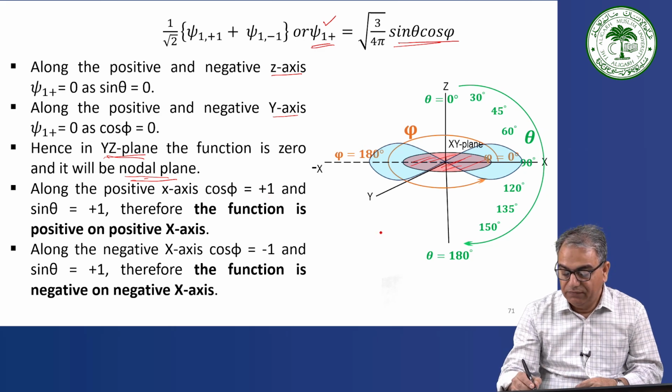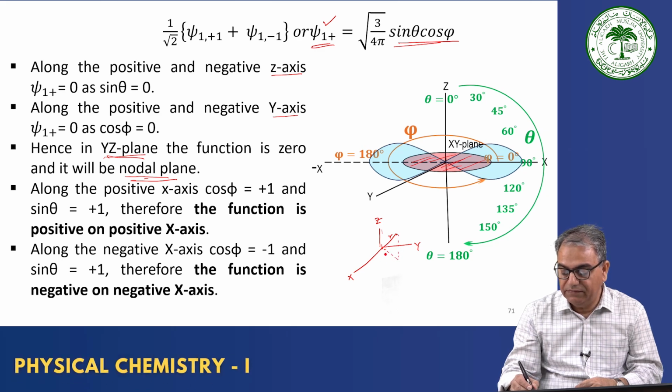If you remember your original diagram, this was your x-axis, this was your y-axis, this was your z-axis, and this was your r. If you draw a perpendicular in the xy plane and combine it with this one, this angle is called the phi angle. Along the positive x-axis phi is 0, so cos phi will be plus 1.